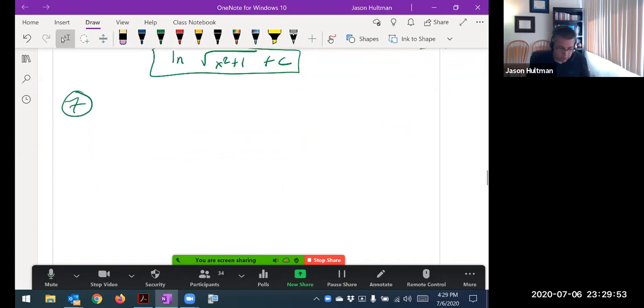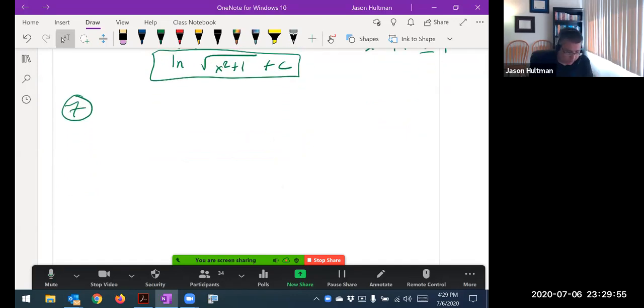Okay, calculate the integral from 1 to e of the natural log of x over x dx. We'll use a u substitution on this one.